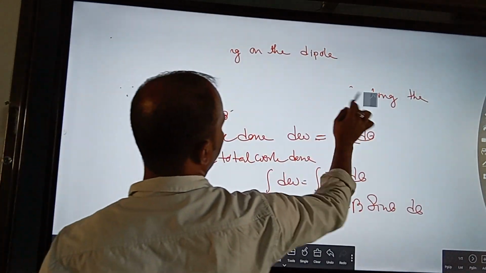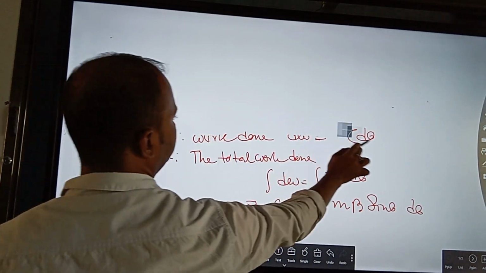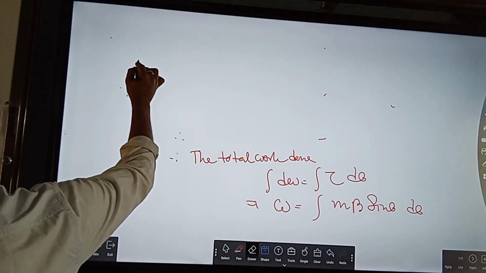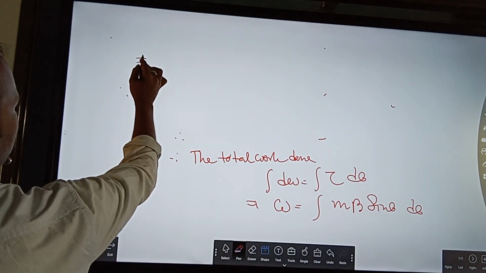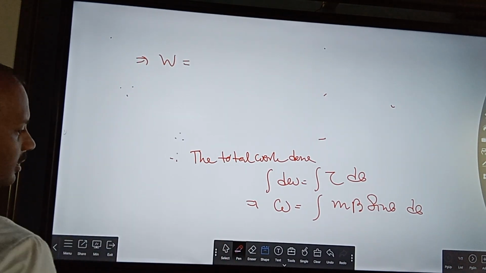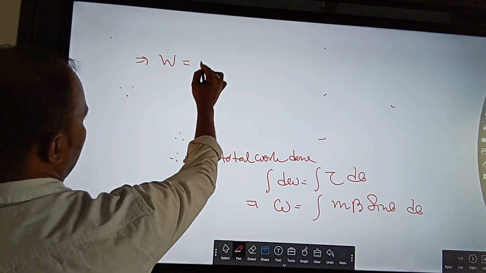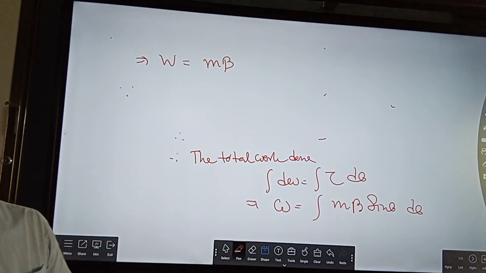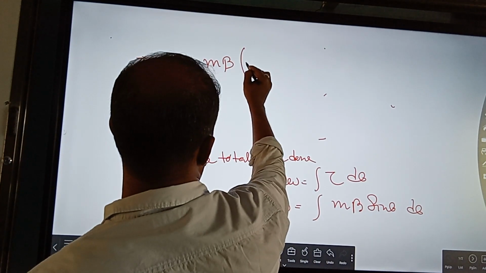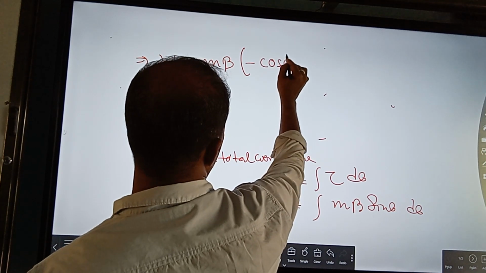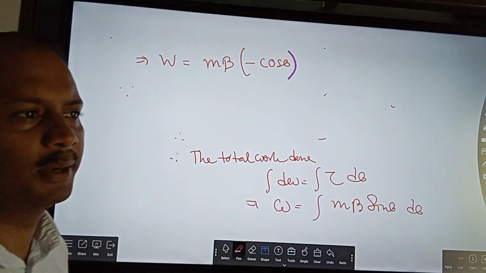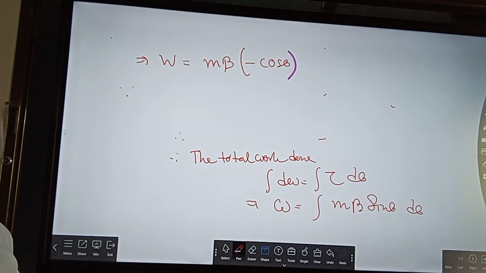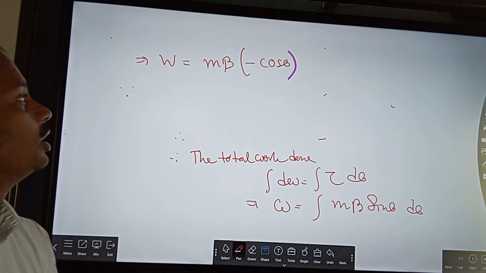Now this implies W, here mb is a constant, so mb is out. So integration sin theta means what? Integration sin theta is minus cos theta.